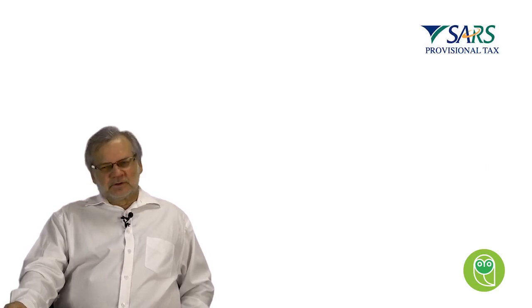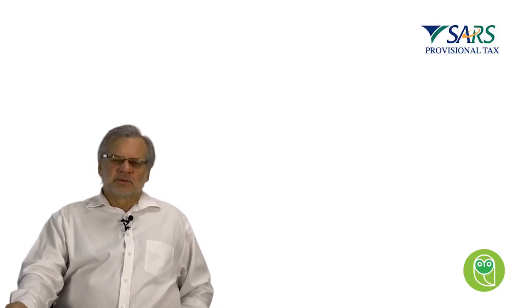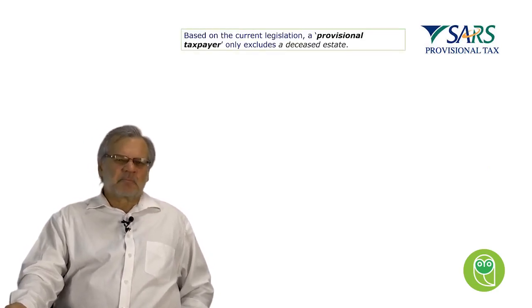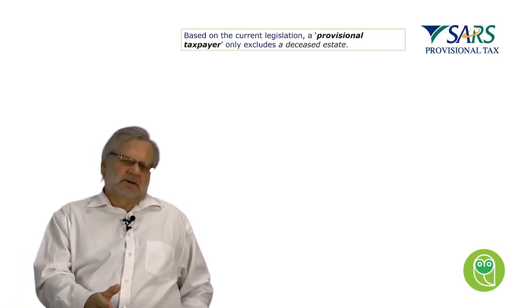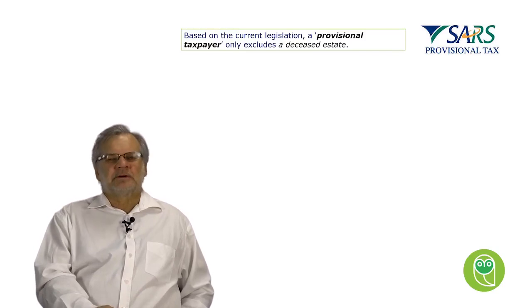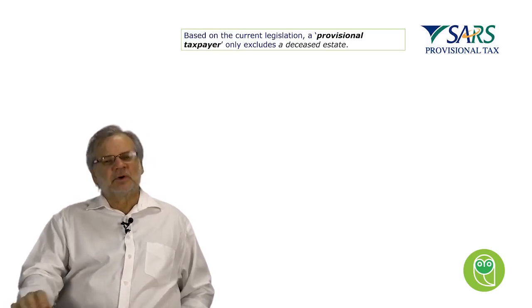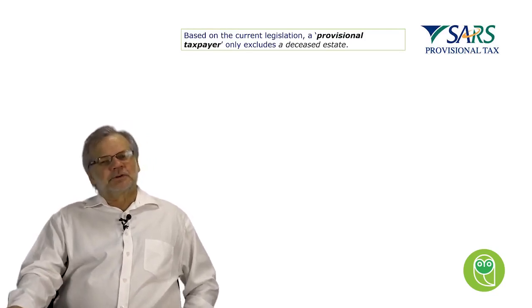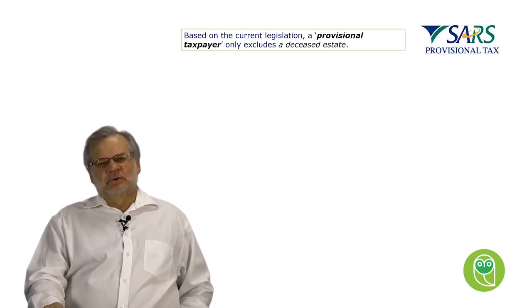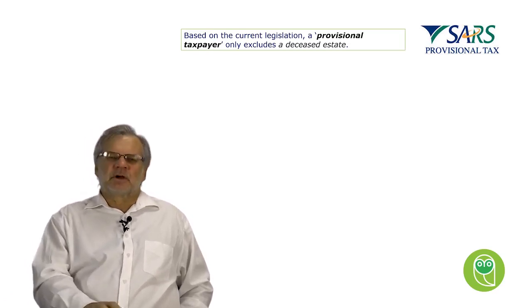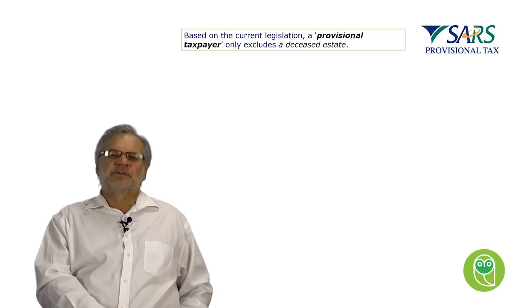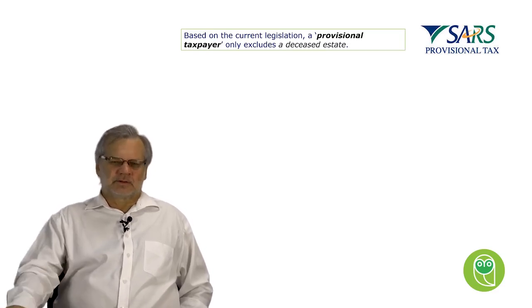The question of provisional taxes, for those of you that have been dealing with estates, is that this was a nightmare. Based on the current legislation, and current is as of October 2019, when we're doing this seminar, it excludes only a deceased estate, which was a new development that came in about 2 years ago. It doesn't exclude the deceased person in the year of death.